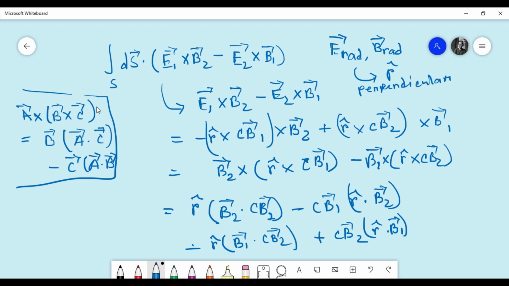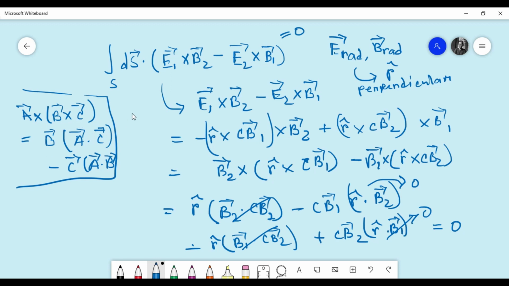So this scalar product is zero, because two perpendicular vectors give a scalar product of zero. And this is zero also, and these two terms are actually equal. So this whole integral is zero, as the integrand is zero, so the integral will also be zero.